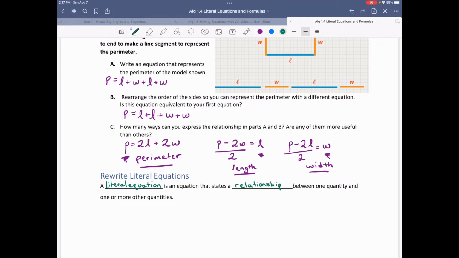I'm actually not sure if it's literal equation or formula. I think they can both be there. So literal equation, or you can also write formula in there.